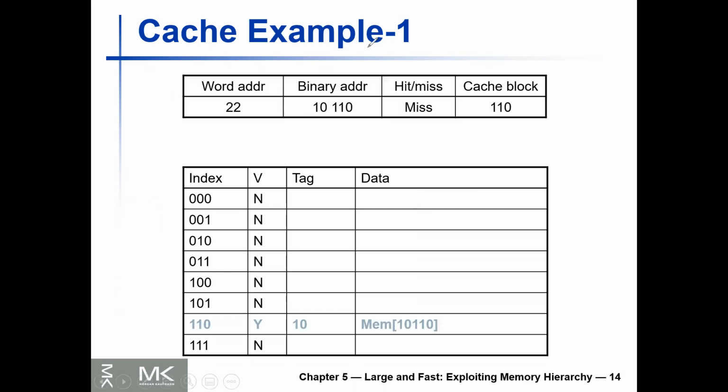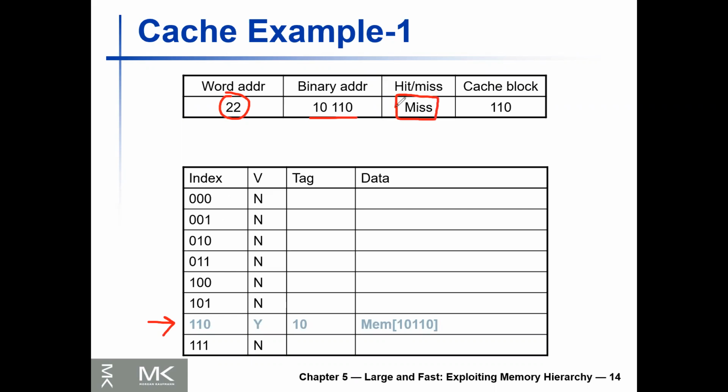We are going to read data from this address, which is a decimal address, and when we write it in binary, this is the address. So the processor will check there and go to the 110, and since initially it was 0, is this a miss or not? Because there was no data at that time.